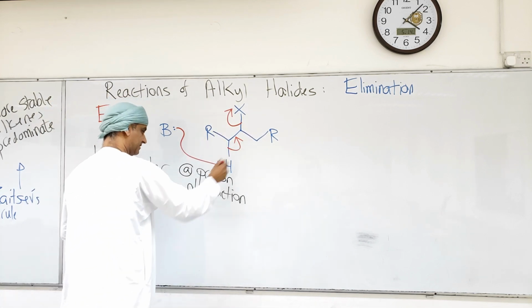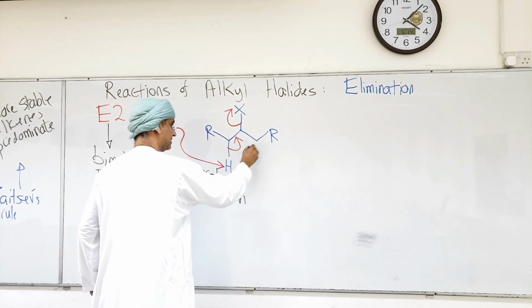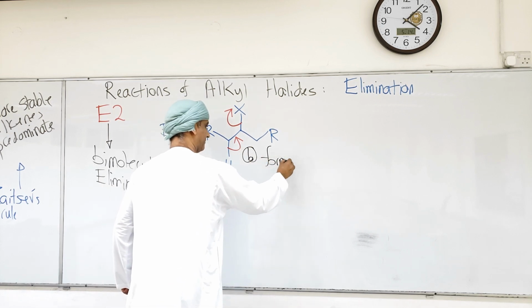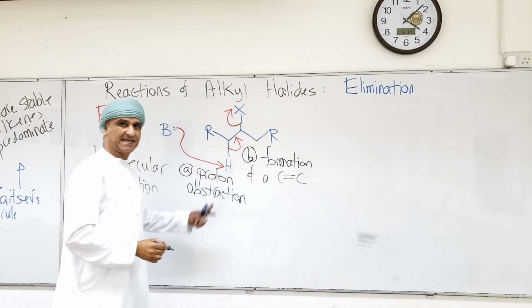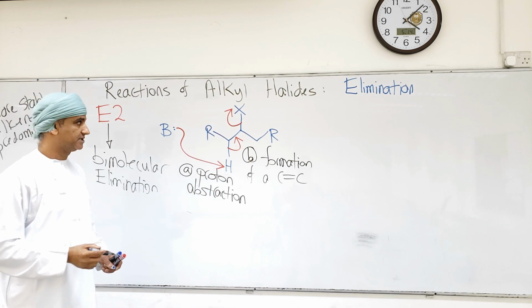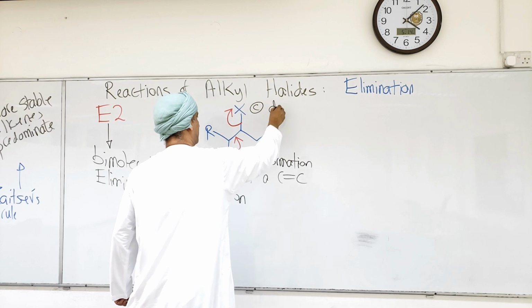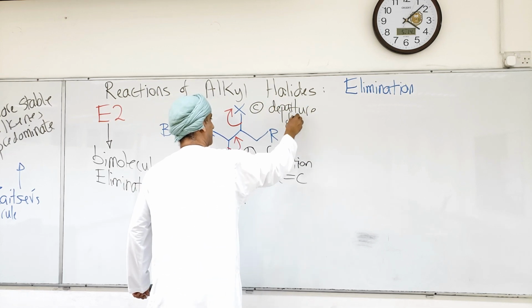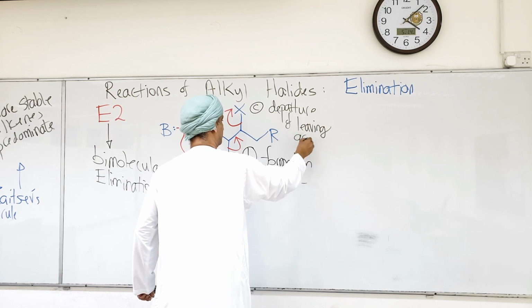Event B is formation of a carbon-carbon double bond. This is the second event in the elimination reaction. The last event, event C, is departure of the leaving group.